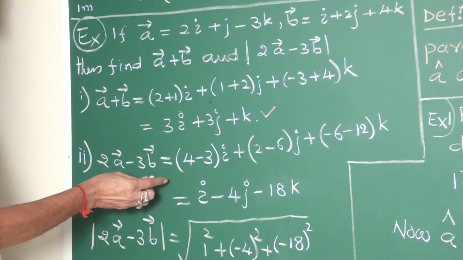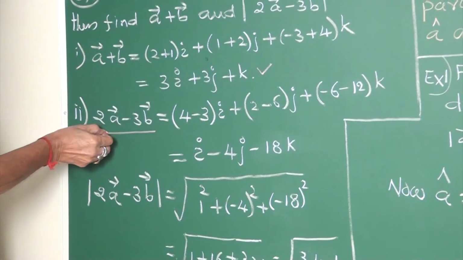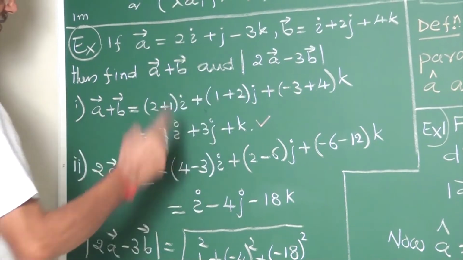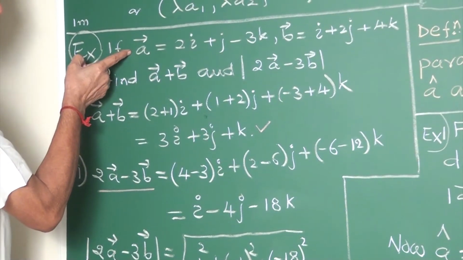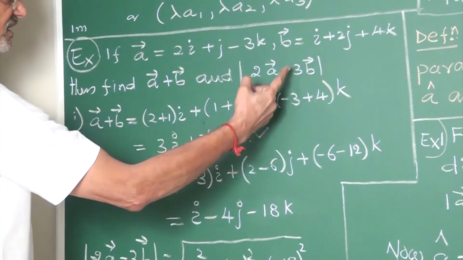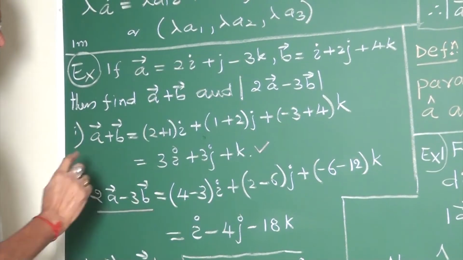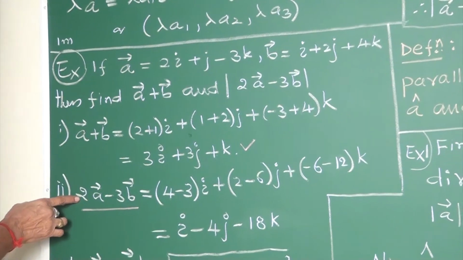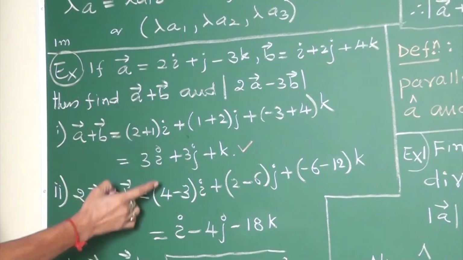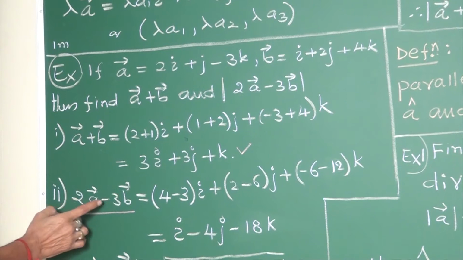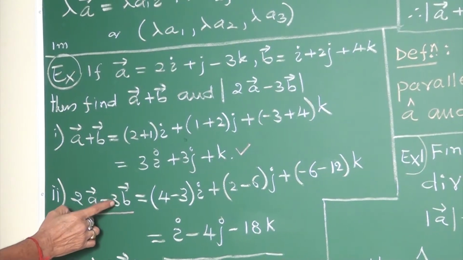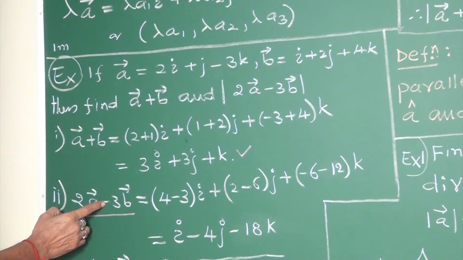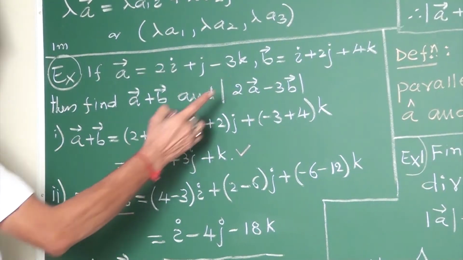Then you wanted, first you find 2A minus 3B. First you find the vector 2A minus 3B. Multiply this by 2, this by 3, then you take the difference. What I have done here is, I have multiplied 2 with the x coordinate, 2 into 2 is 4. Again, minus 3B: you multiply the coefficient of i by minus 3.